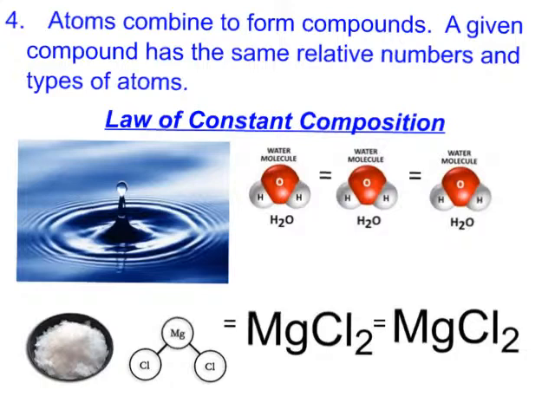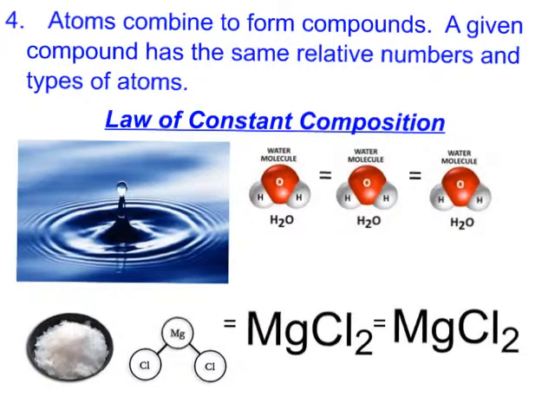So the fourth main point in Dalton's atomic theory is that atoms combine to form compounds and that a given compound has the same relative numbers and types of atoms. In essence, what that means is, let's look at this water molecule, okay? It's a compound that contains an oxygen and two hydrogens.